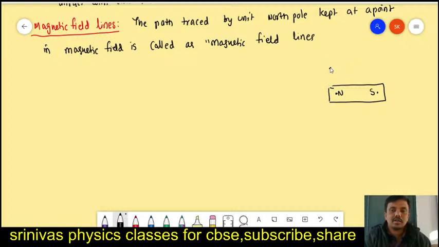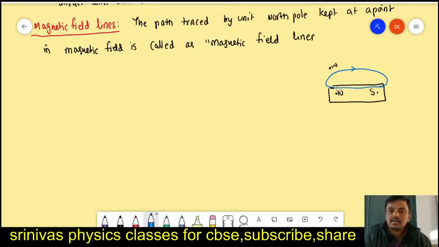If we place the unit north pole here, that unit north pole will follow like this. It will go along this path, like this it will travel. This is the path along which the unit north pole travels. This path is called the field line.